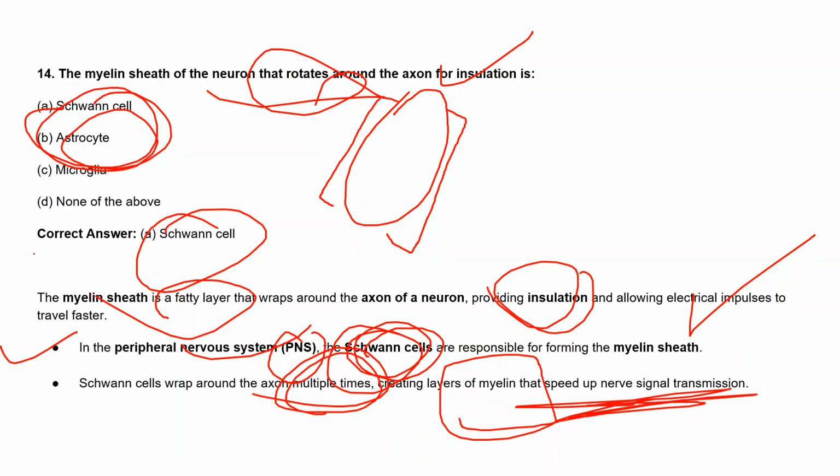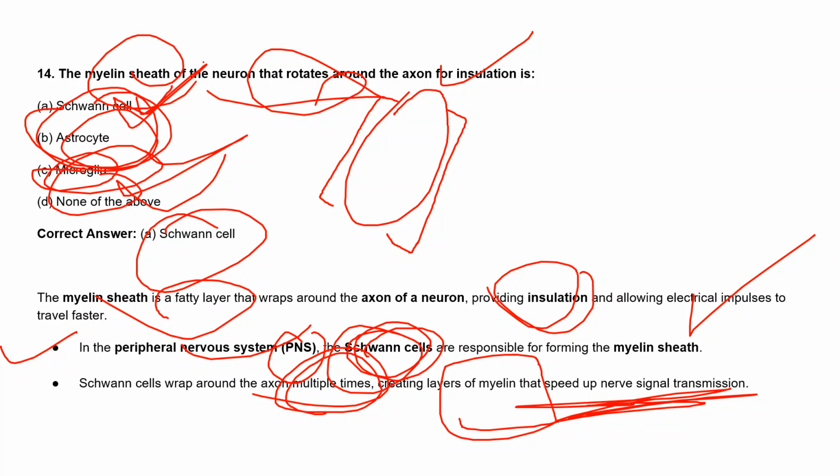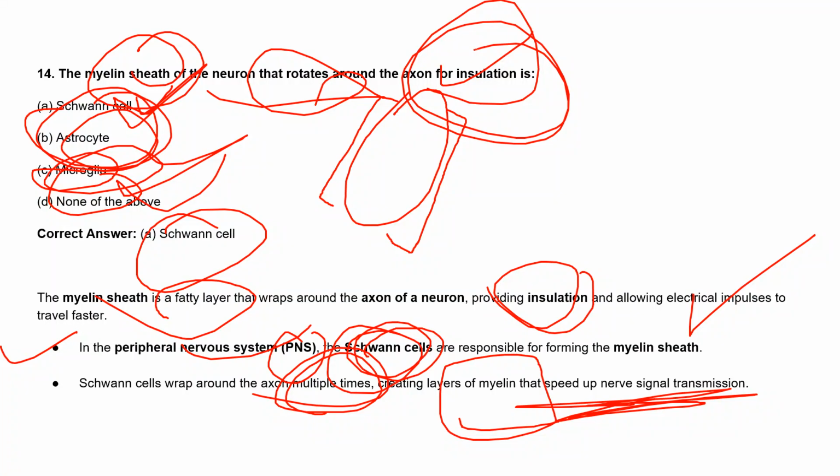They are resident cells of the brain. They are normally present in the brain, and they regulate the brain development, also maintain the neural network, and are present during injury repair. So the right answer is the Schwann cell. It provides this myelin sheath, which helps the insulation process so that it can speed up the nerve signal transmission.